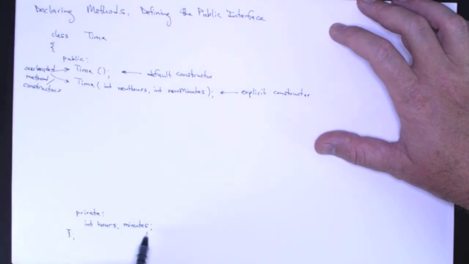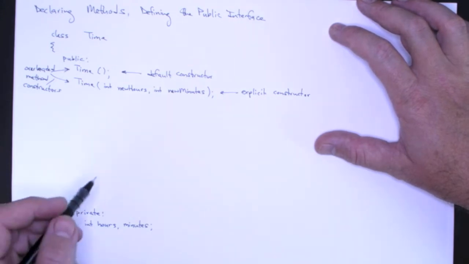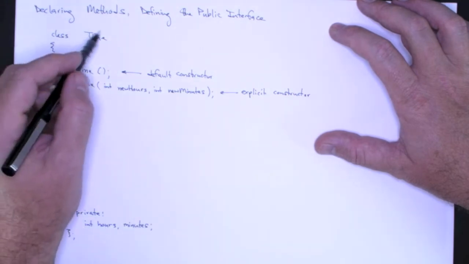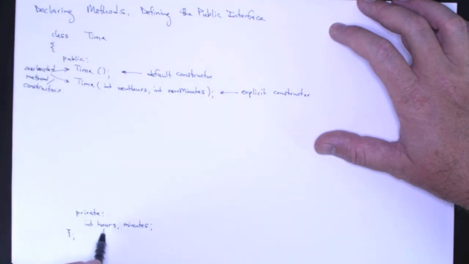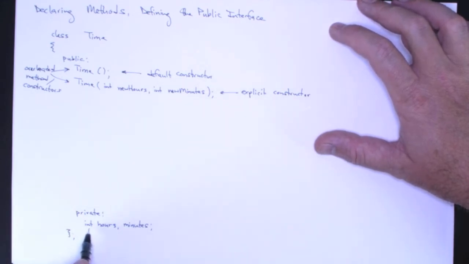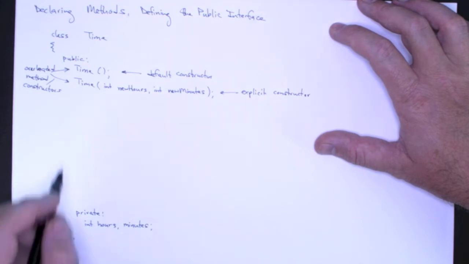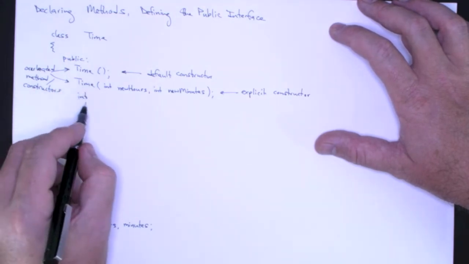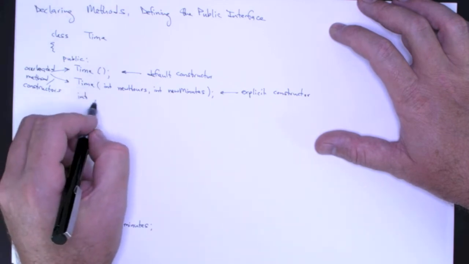So now I want get methods, and I'm going to have a get method for hours and for minutes. Those are simply going to return these values, so that instead of dealing with an entire time object, I can get the hours or I can get the minutes. So it's going to have a return type that's the same as the private data member. To declare that, I declare a return type of int.